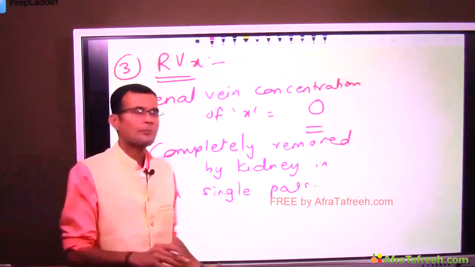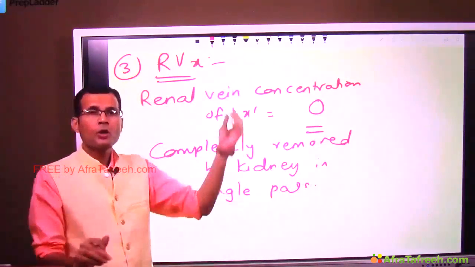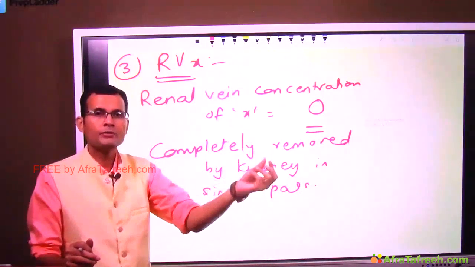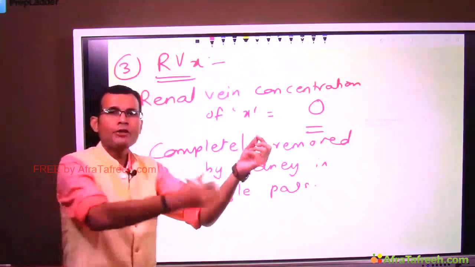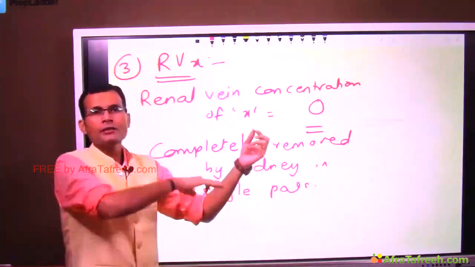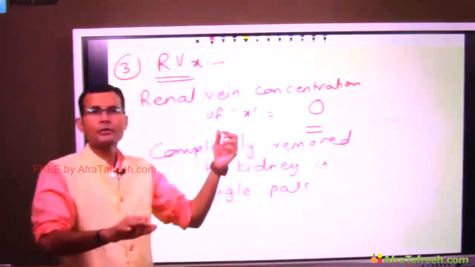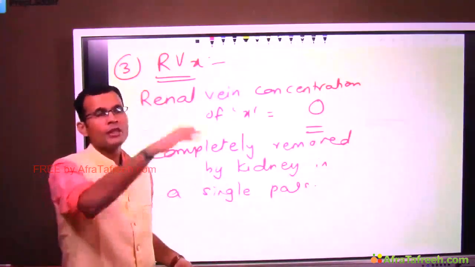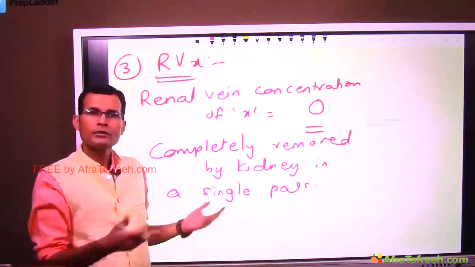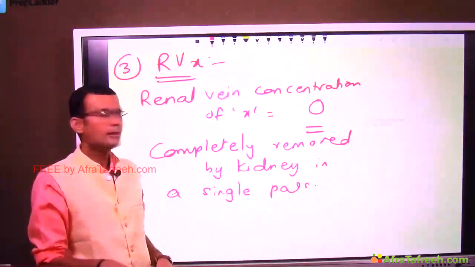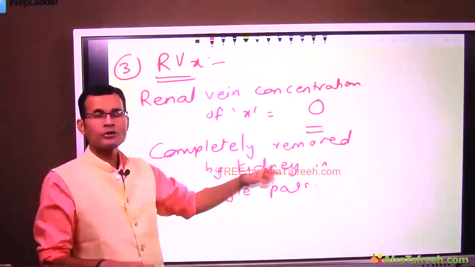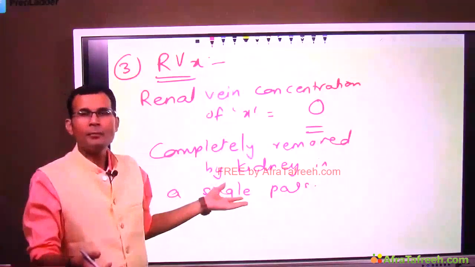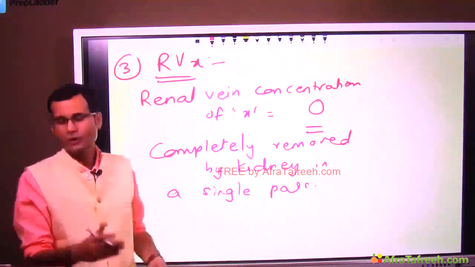What I mean to say is, and this is the most important criteria, once it comes into the renal blood, renal artery and renal circulation, then by filtration and by tubular secretion, it is 100% completely excreted into the urine in a single pass. Okay, that means then nothing will go in the renal vein. All of it has come into the urine completely. So its renal venous concentration is 0. And therefore we don't have to go to renal vein to collect the sample because it does not go in the renal vein at all.